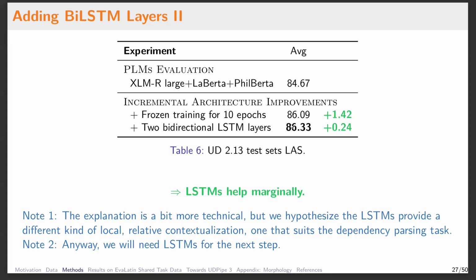Namely, it does so in a relative, very local way that is actually preferred or favorable to the dependency parsing task. Anyway, we will need LSTMs for the next step.